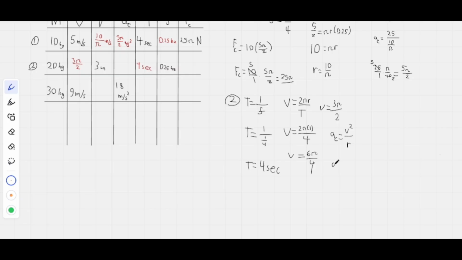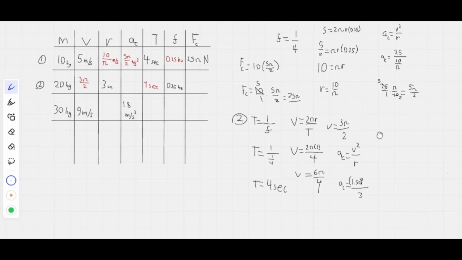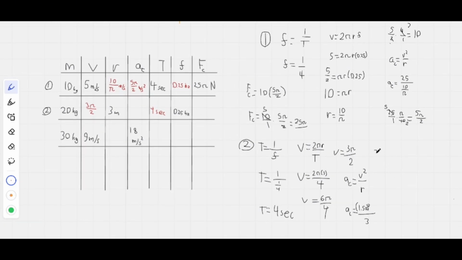So this can be rewritten as (1.5 pi) squared, let's put that in the parentheses as well, over R, which is 3. So (1.5 pi) squared is equal to 22.2 over 3.